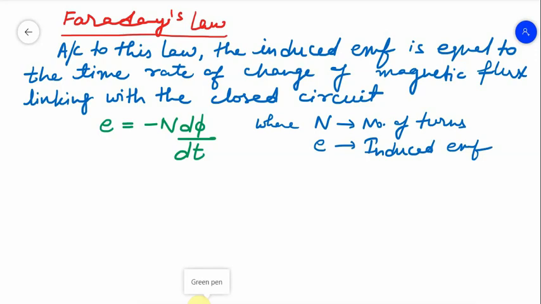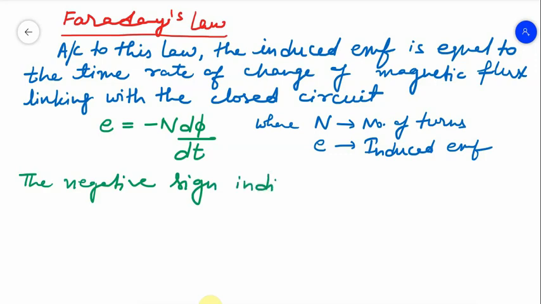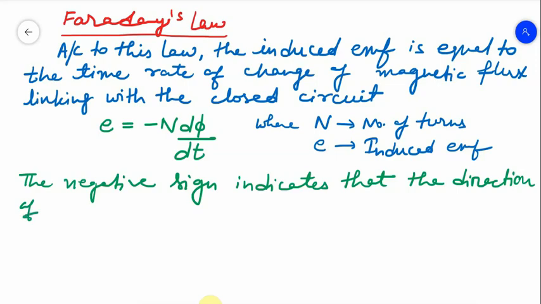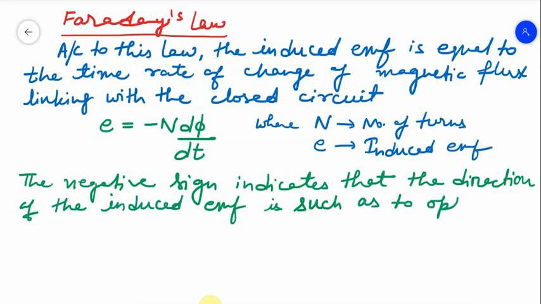and this negative sign, what does it represent? The negative sign indicates that the direction of the induced EMF is such as to oppose the original field.